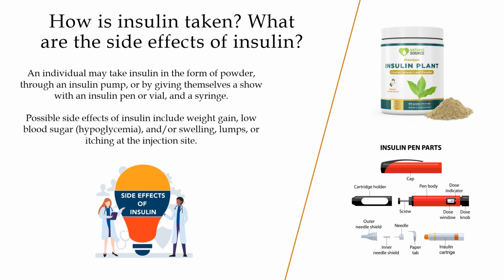A person may receive doses of insulin through an insulin pump, in which a pump would attach to the body with a very small catheter under the skin through which the insulin would be delivered. In addition, a person could inhale insulin in the form of a specific powder.